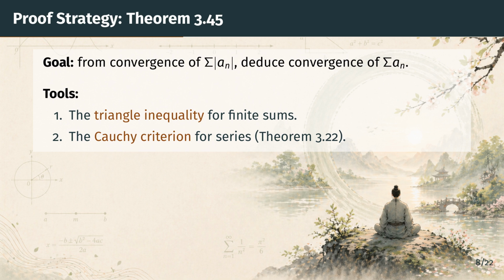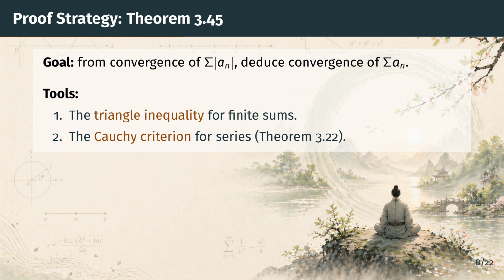Before the formal proof, here is the strategy. Our goal is to start from the assumption that the series of sizes converges and conclude that the original series converges. We will use just two tools. First, the triangle inequality, which bounds the size of a finite sum by the sum of the sizes.